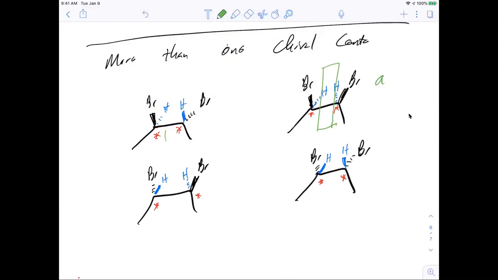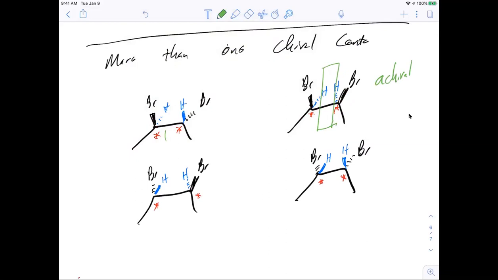That makes this an achiral molecule. So if you can bisect the actual molecule, it's not a chiral molecule, it's an achiral molecule. So here I have chiral centers, but the molecule overall is achiral.